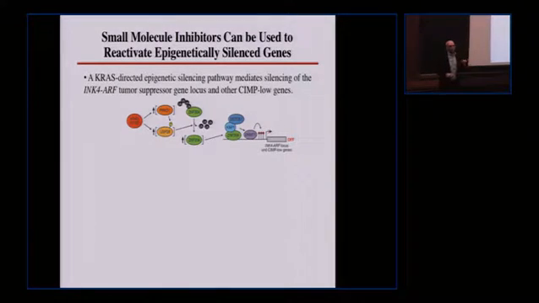ZNF304 in normal cells is kept at very low levels because it's subject to polyubiquitination and proteasomal-mediated degradation. In RAS-transformed colorectal cancer cells, RAS leads to the inappropriate upregulation of two factors that mediate ZNF304 stability, USP28, a deubiquitinase, and PRKD1, a protein kinase that's a cofactor of this deubiquitinase.